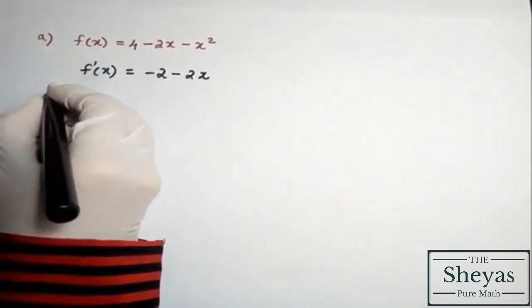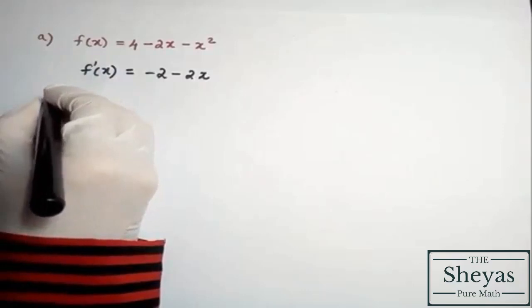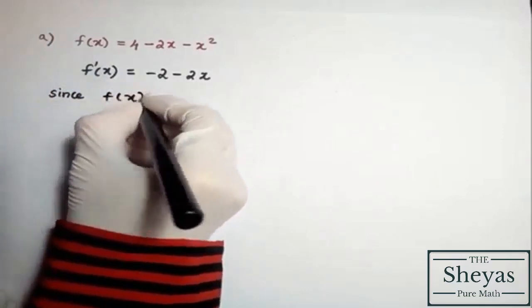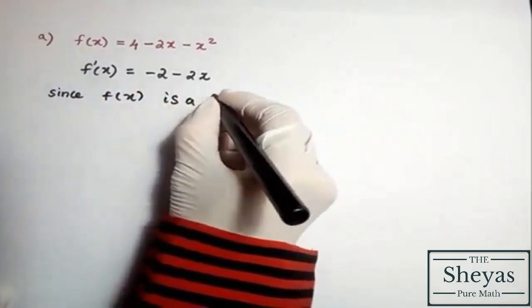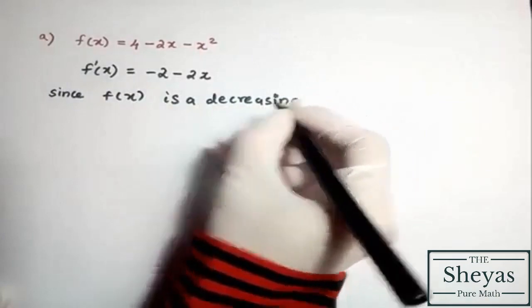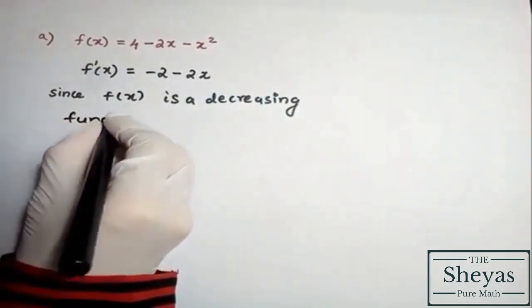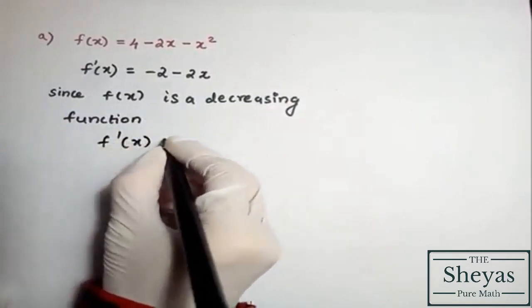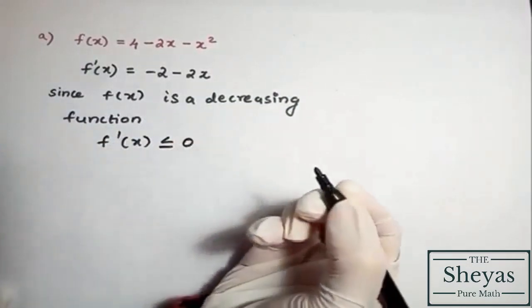Given that the function is a decreasing function. So how can we write? Since f of x is a decreasing function, the condition is f dash of x less than or equal to 0.